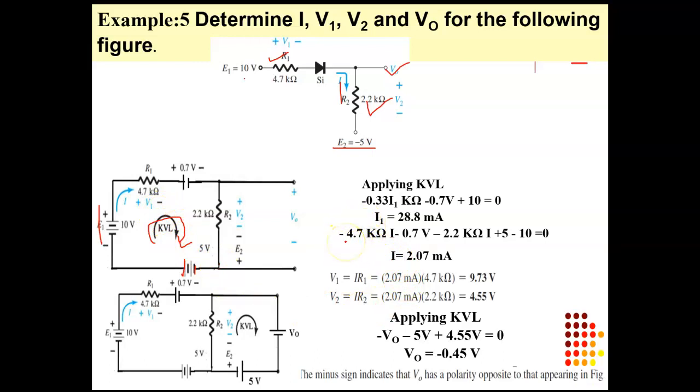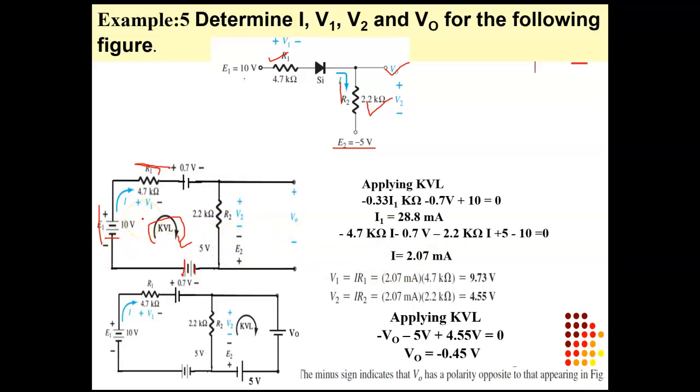Minus 4.7 into I in this resistor, because current is flowing like this, so minus will start. Minus 4.7 into I, now minus 0.7, then minus 2.2 into I, plus 5, then plus 10 and minus 10 here. Okay, this minus 10.